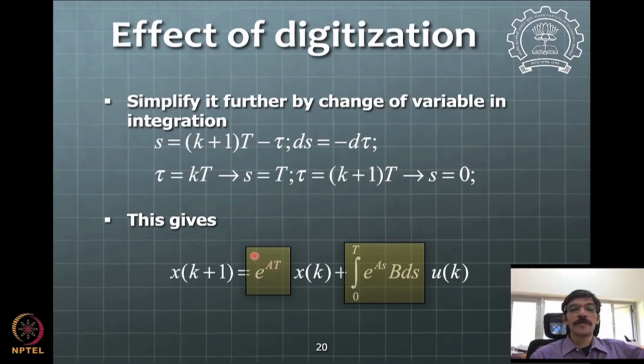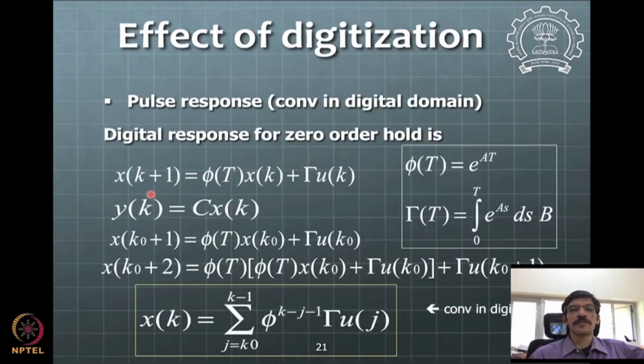So with this we now have the system in this form: x of k plus 1 is equal to phi of T times x of k plus psi times u of k.